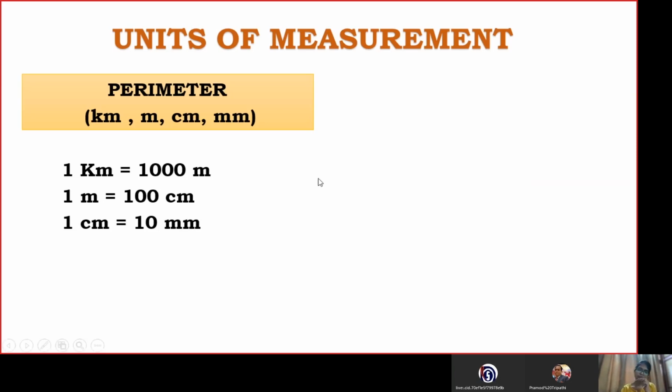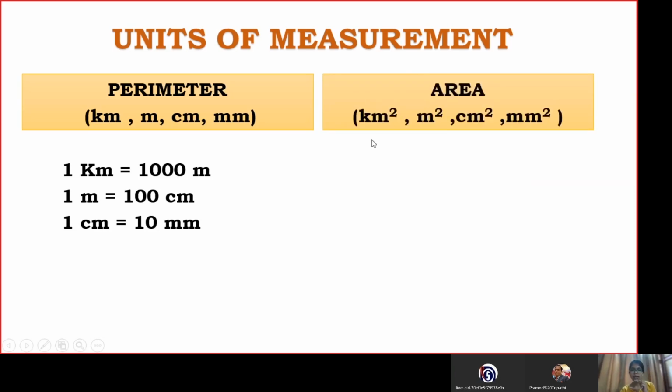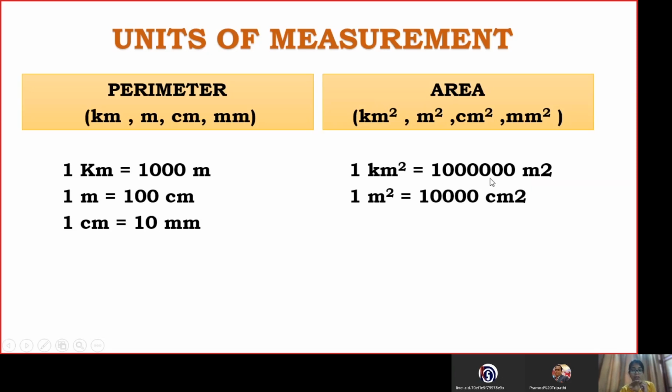Okay. Moving on to the units of area. The units of area are given as square units. So it can be kilometer square, meter square, centimeter square, or millimeter square. 1 kilometer square will be 10 lakh meter square. 1 meter square will be 10,000 centimeter square. 1 centimeter square will be 100 millimeter square.